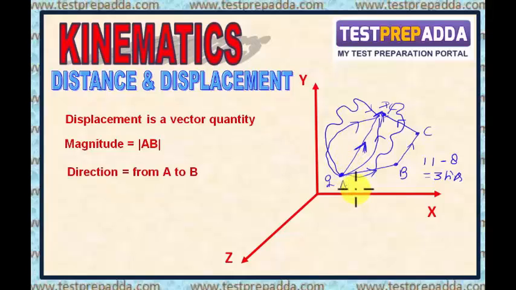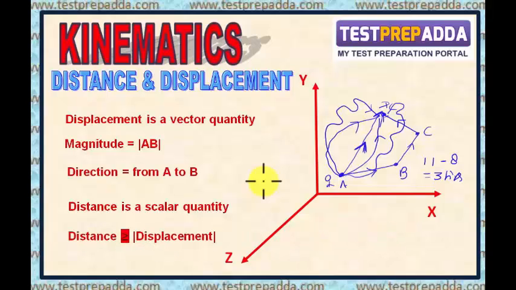Another important point here is distance is a scalar quantity, meaning it has only magnitude, and distance is always greater than or equal to the magnitude of the displacement. Another important point: the equality holds only if the motion is on a straight line and in one direction.